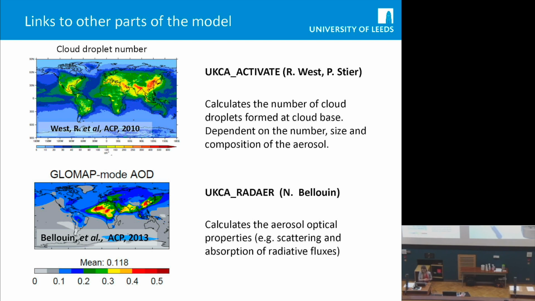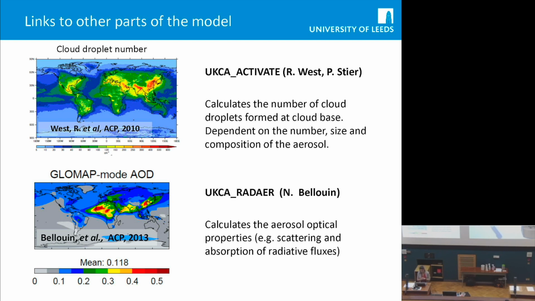And there's a reference there to a paper where that was initially developed and incorporated into the model. So that's telling us that for any given location or for any particular size distribution, do we have particles that are big enough and soluble enough to activate as cloud droplets? And then that will get taken into account in the bit of the model that's interested in the balance of radiation, because if we've got a lot of cloud droplets, that'll make the clouds brighter and feed into that radiation balance.